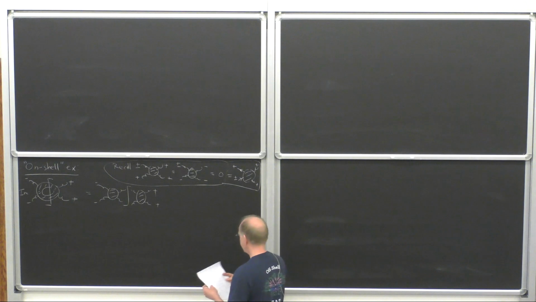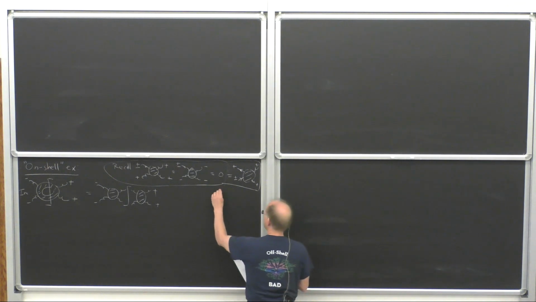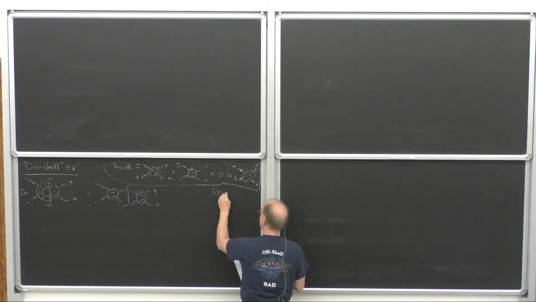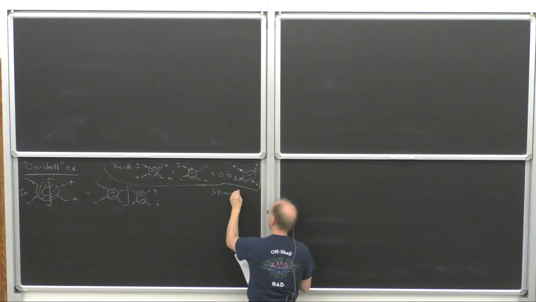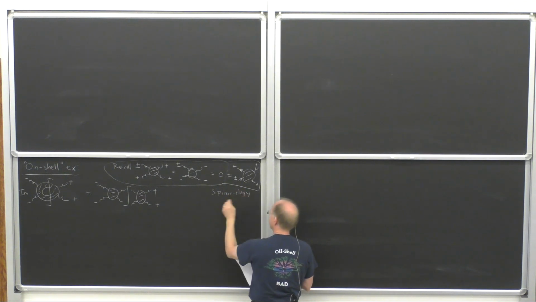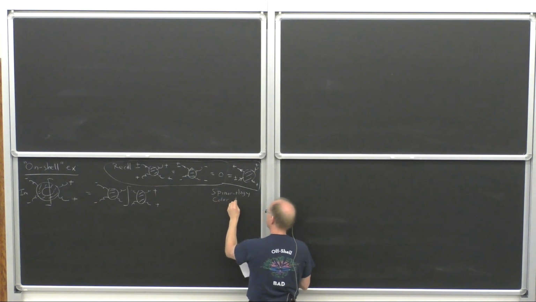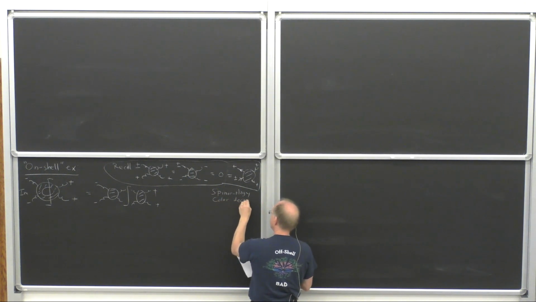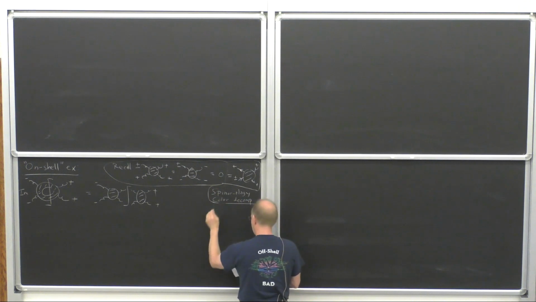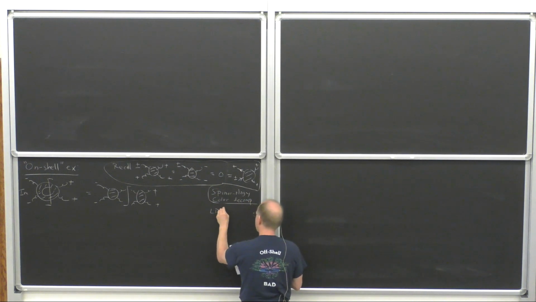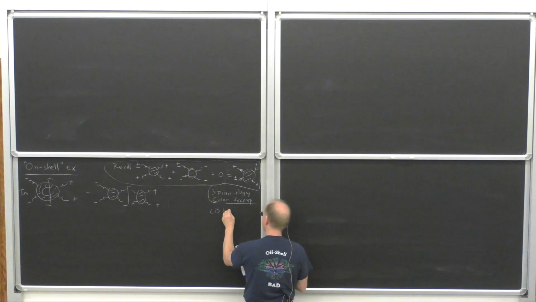Maybe I should list a bunch of references if you want to know more about spinorology, other amplitudes techniques, and also color decomposition. I'm not really talking about too much of that. I wrote old TASI lectures, but it still has the basics in it.